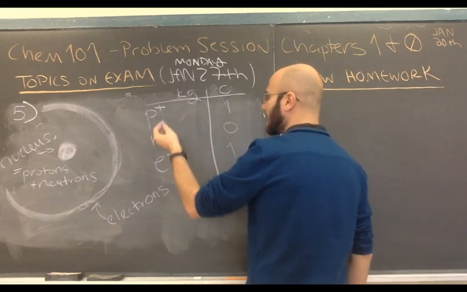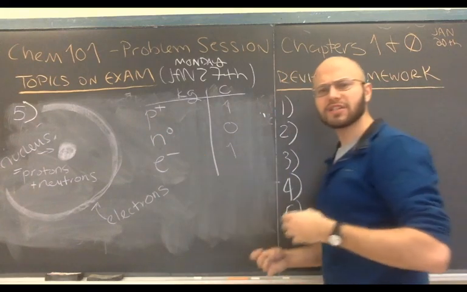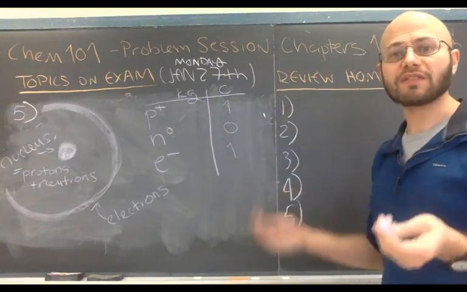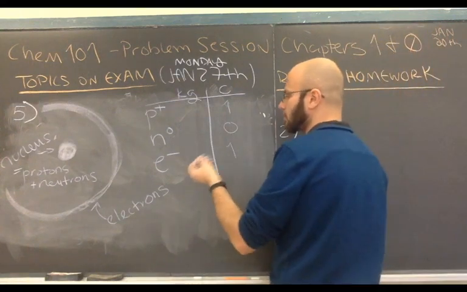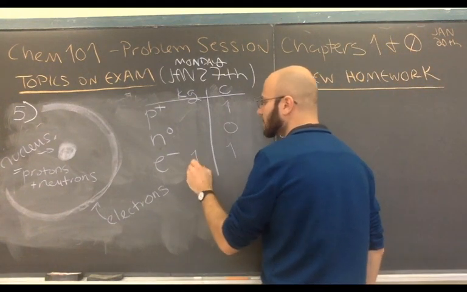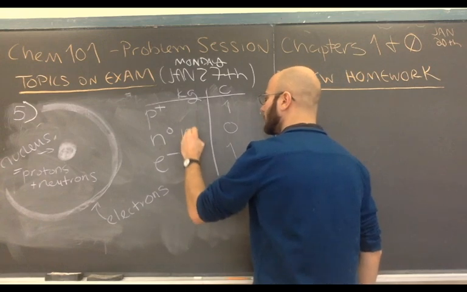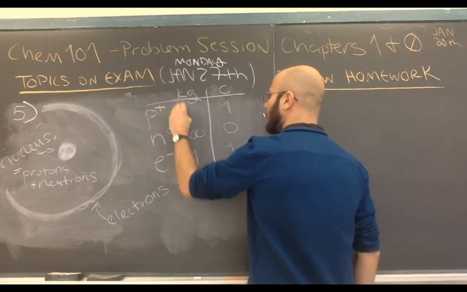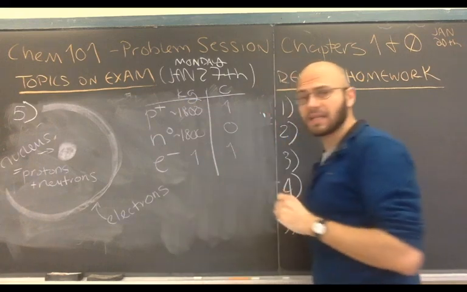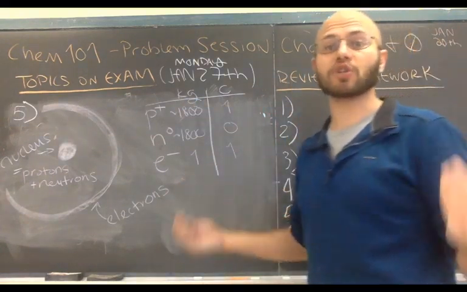And in this scale, I'm just going to make them relative to one another, so as if I divided by the masses, just to show sort of proportionally how big they are. So if the electron were to have a mass of 1, the neutron and the proton are about 1,800 times larger, so much, much larger.